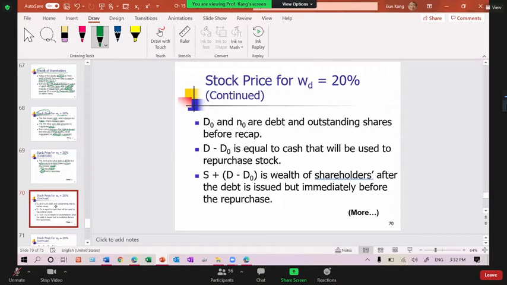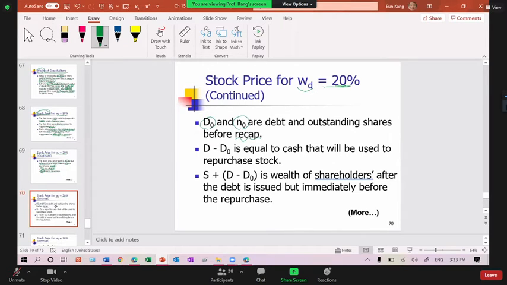So now this is for you to calculate stock price when recapitalization happens. So when WD is 20%, some notation: D0 is debt before recapitalization.